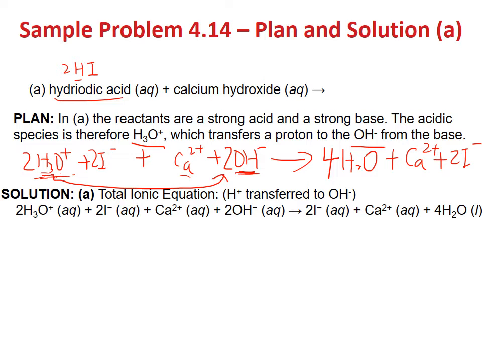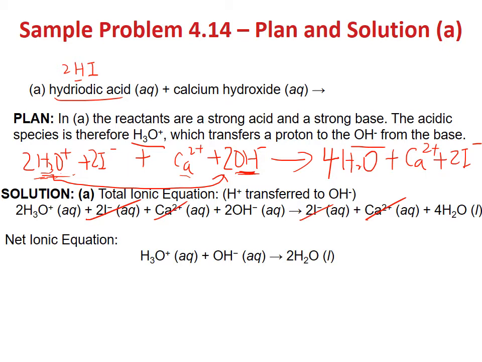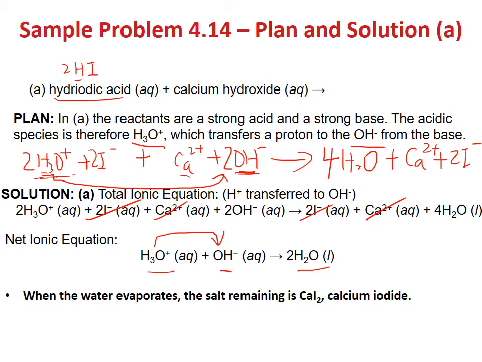Now we can eliminate the spectator ions, and then we have the net ionic equation, which is hydrogen ion plus hydroxide forms water. So again, it's the transfer of hydrogen from hydrogen ion to hydroxide to form water molecules. That's the net ionic equation.